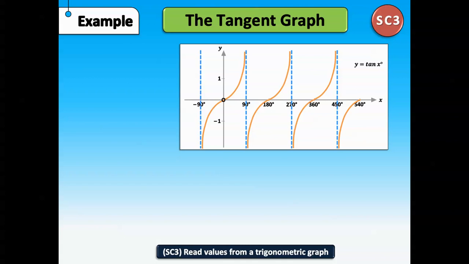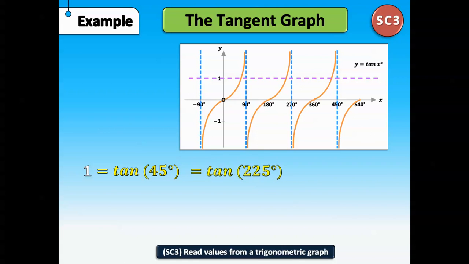Now let's consider the graph of tan. So if we have a look at the line y equals 1, that passes through tan 45, tan 225, tan 405.